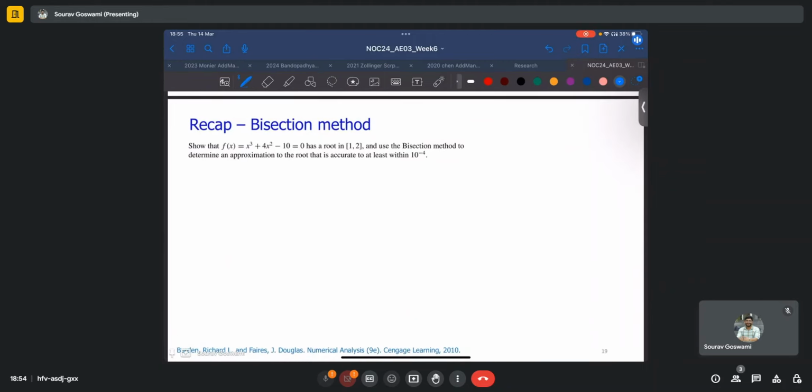So let's just calculate the value of the function at the two ends of the interval. The value of the function at 1 is 1 cubed plus 4 times 1 squared minus 10, which is 1 plus 4 minus 10, that is minus 5. The value of the function at the other end is 2 cubed plus 4 times 2 squared minus 10, which is 8 plus 16 minus 10, that is 14.